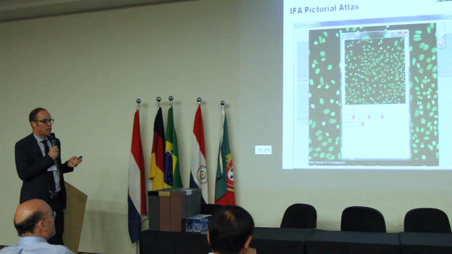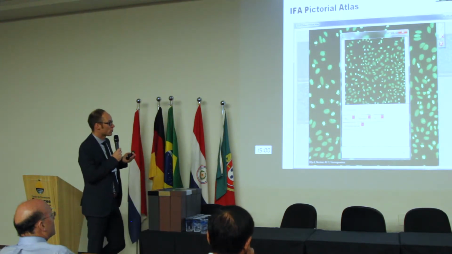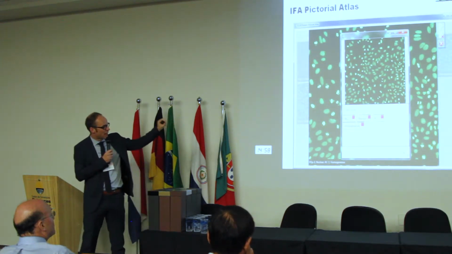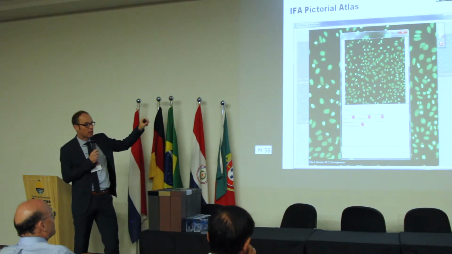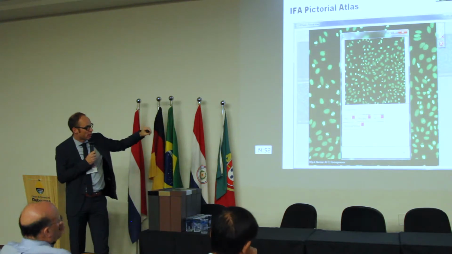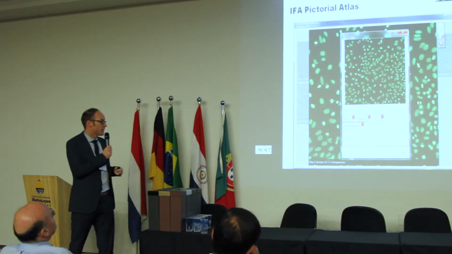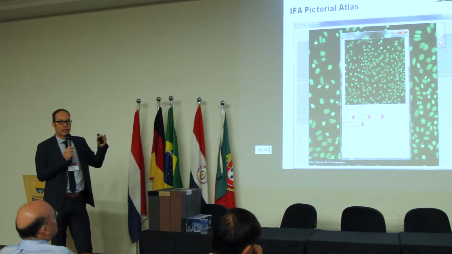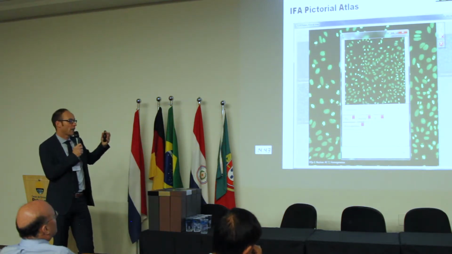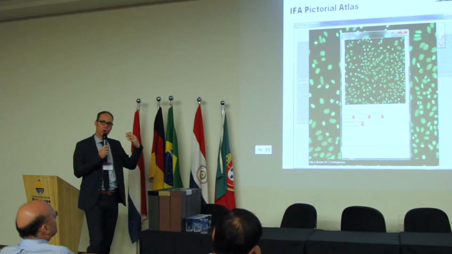You also can add your own images, so if you're in a lab and you take your own pictures, you can put these tags like HEP cell, nucleolar pattern, the ICAP number, and the pattern description, and later on you can filter by these tags. We have a couple of pictures already implemented, but you can implement also your own pictures.